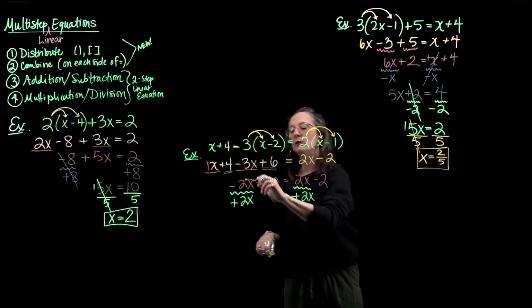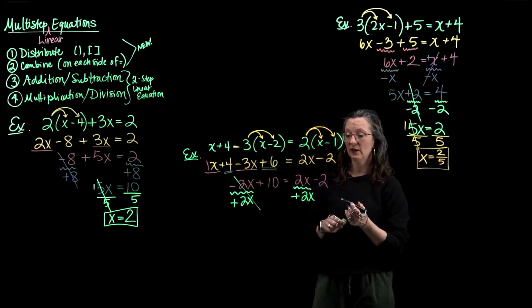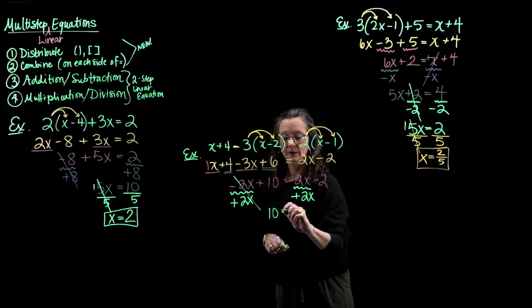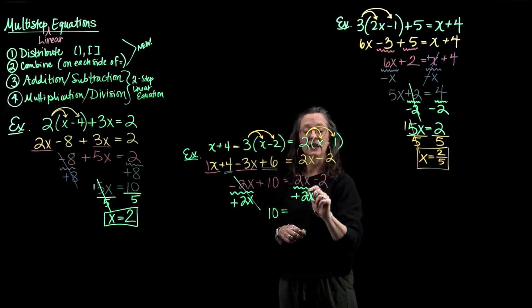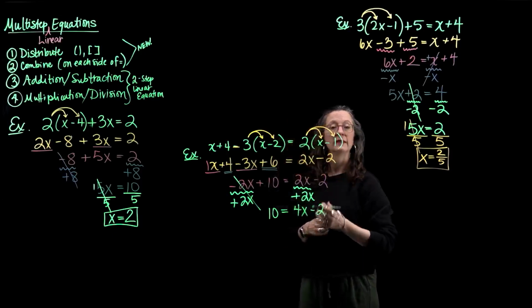On that left-hand side where I had minus 2x plus 2x, those are going to undo one another, and I'll be left with 0 plus 10. On the right-hand side, I have 2x plus 2x is 4x, and then minus 2.